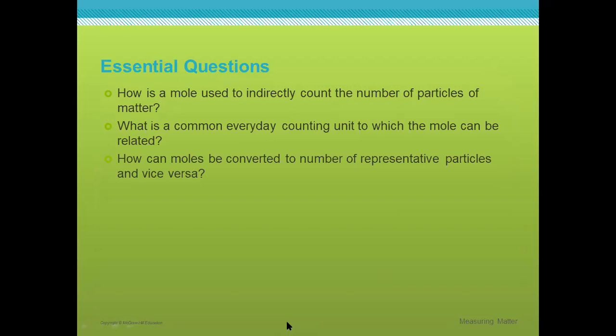Question number one, Abdullah Al-Anazi, read question number one. How is the mole used to indirectly count the number of particles of matter? Thanks. Abdullah Al-Hadith, read question number two.